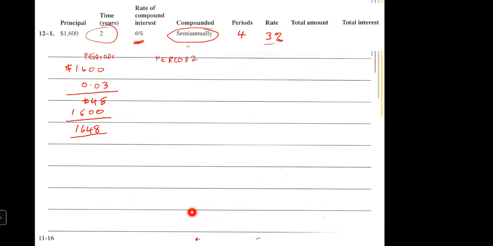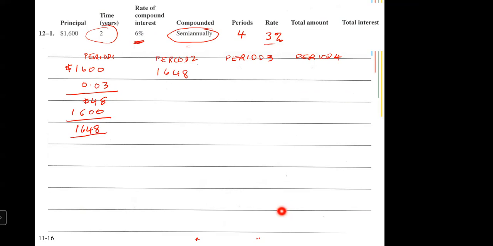Period 2, period 3, and then period 4. So when we go to period 2, our principal is now going to be 1,648. Because we did the first half year, and since it was half year, we're going to use 3% instead of 6%, because we're doing half of the year at a time.